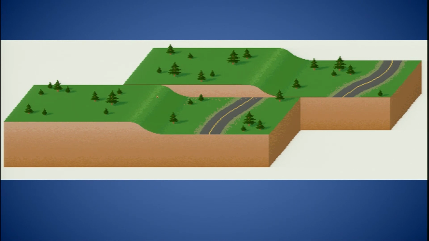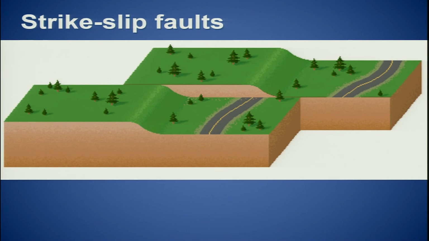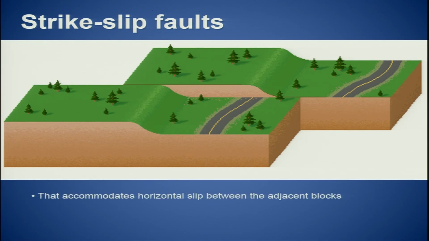So this was aligned earlier, but now after the movement along this one, you see that they are sitting apart, and this is the man-made structure which has been shown here. So if this type of movement is seen, then we mostly classify this as a strike slip fault. Okay, so strike slip fault accumulates horizontal slip between the adjacent blocks.